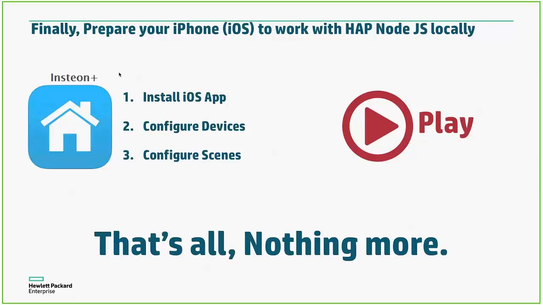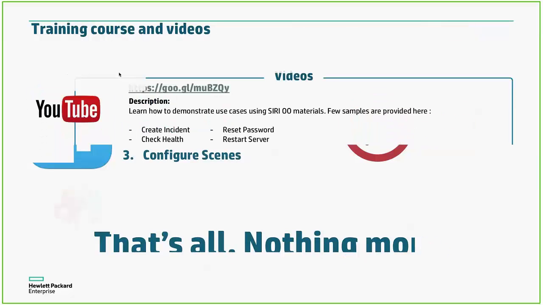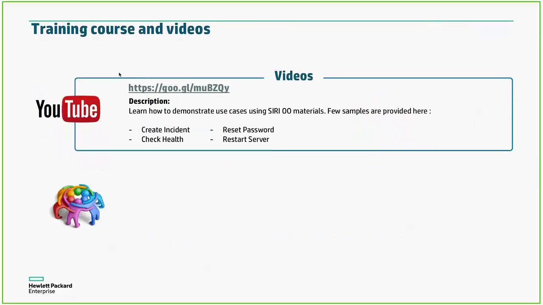We prepared some videos that are available on YouTube. There are step-by-step configuration videos, the HomeKit installation, the accessories preparation for iOS device, and we also demonstrate some use cases.